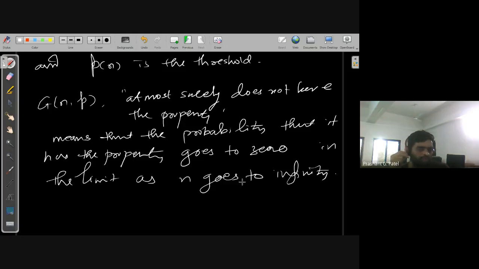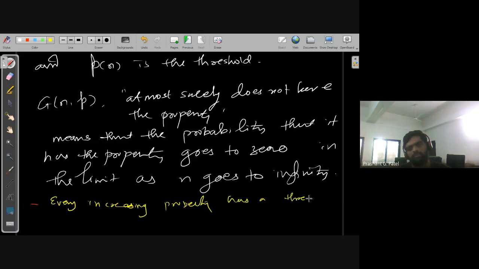One thing we should note here is that every increasing property has a threshold. Whenever you have a property which is an increasing property, that means it has a threshold. So we should write as a note here that every increasing property has a threshold.